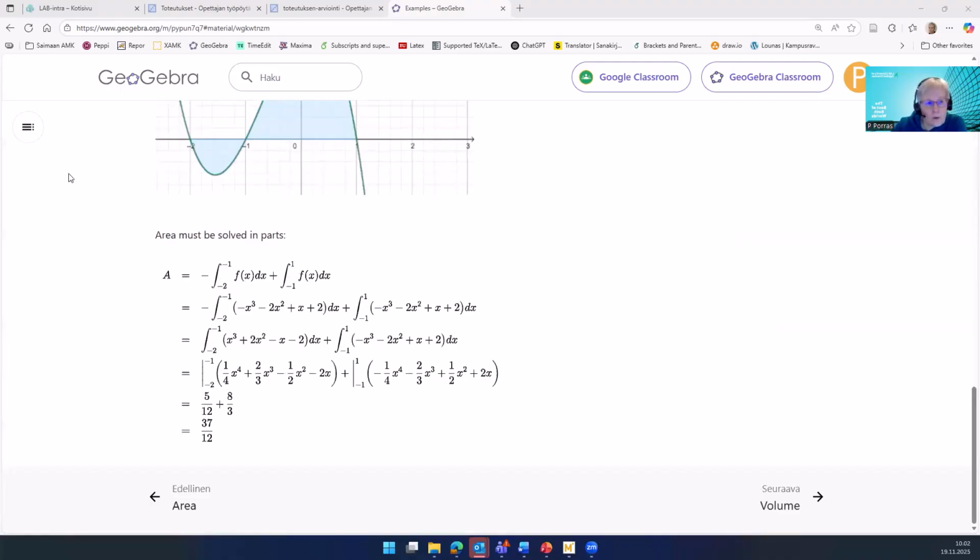So here we have a minus sign because it was below the x-axis. Here we don't need it. So it's this area plus this area. Function integrated. Substitute the lower and upper value in both of them, and you get the result.